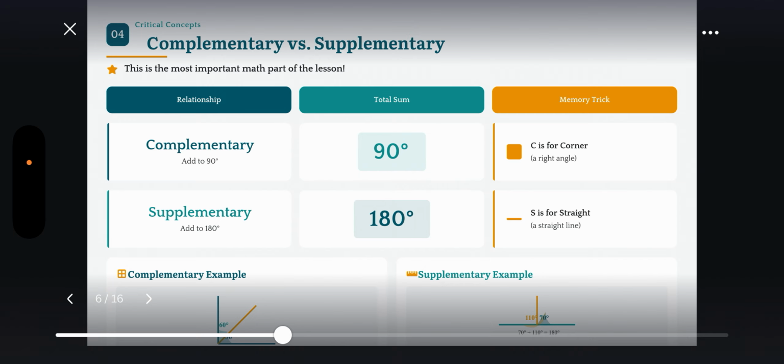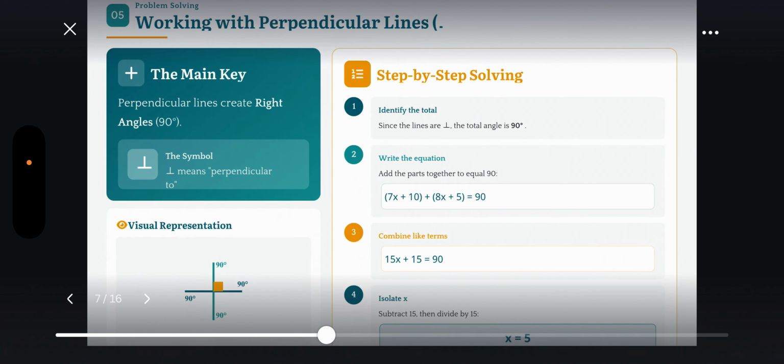Complementary and supplementary. Complementary angles add up to 90 degrees, and supplementary angles add up to 180 degrees. There are two different examples here that demonstrate complementary and supplementary. Working with perpendicular lines: perpendicular lines create a right angle, which is 90 degrees.